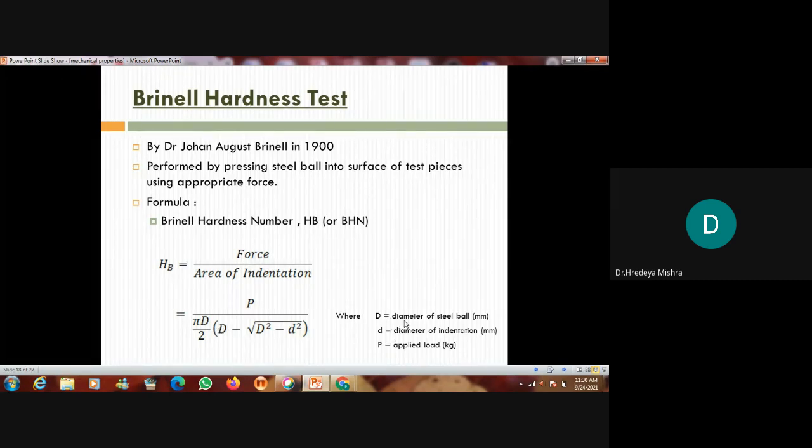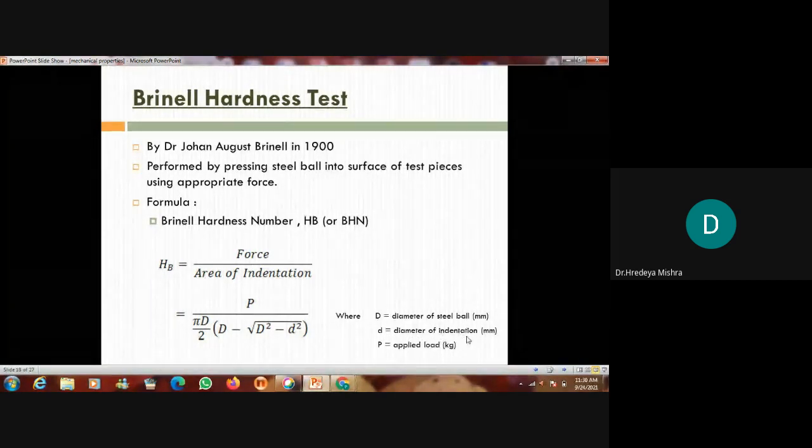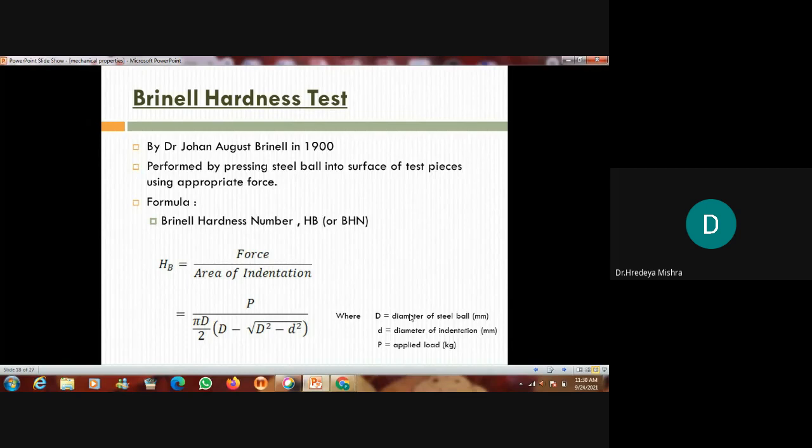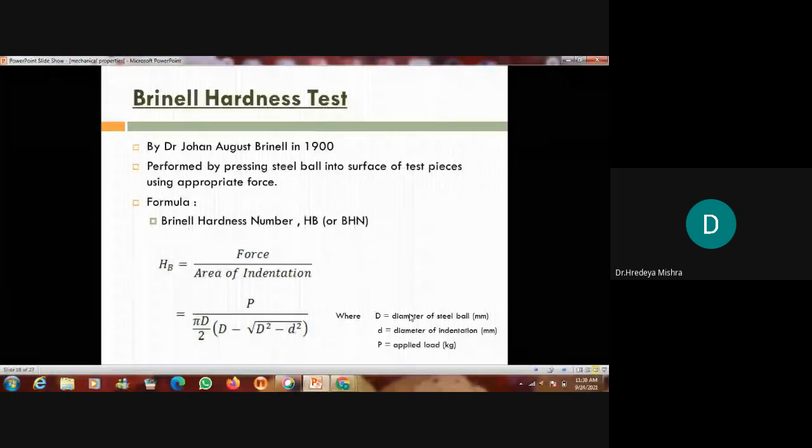What is the capital D? Diameter of the steel ball. And what is the small d? Diameter of indentation. What happens when we put the ball on the surface of the test material?